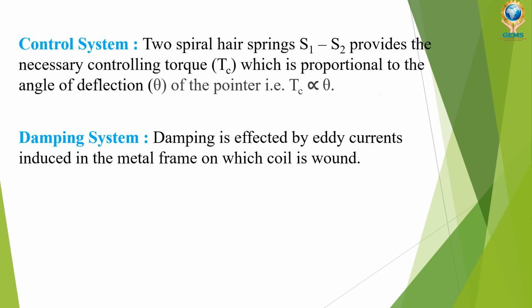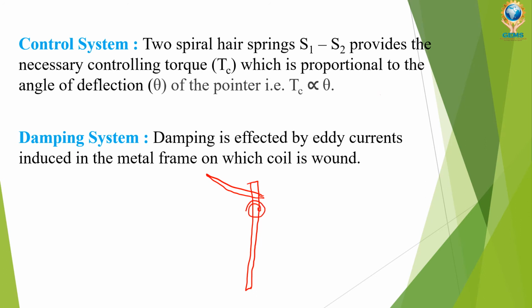So in this instrument we already discussed we are using two springs. This is the spindle. On this spindle we have kept the pointer. We can draw this side, or otherwise we can draw this side also. That is not a problem. This is the pointer, and we are going to keep a spring.